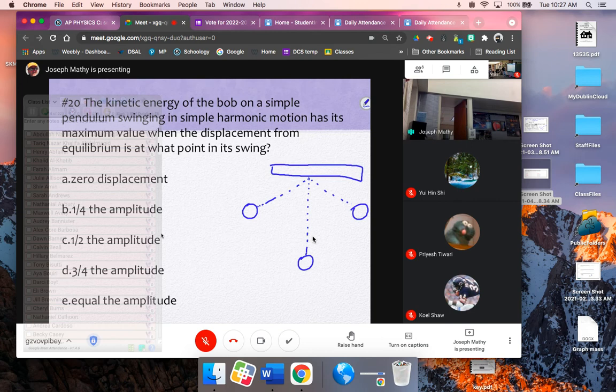We want to know where the kinetic energy is at max. Is it here? Is it here? This is pretty straightforward. Calvin, what do you think? Zero displacement, you got that. I'm with you.